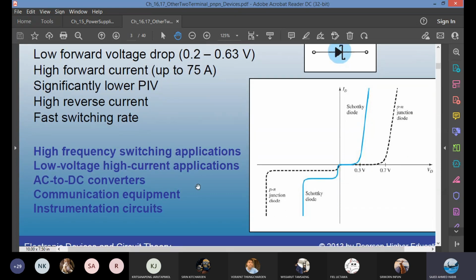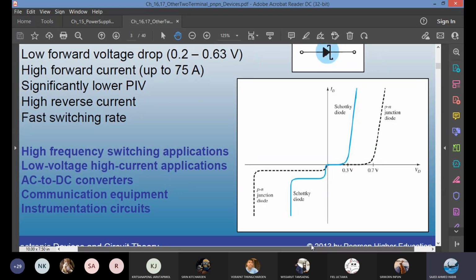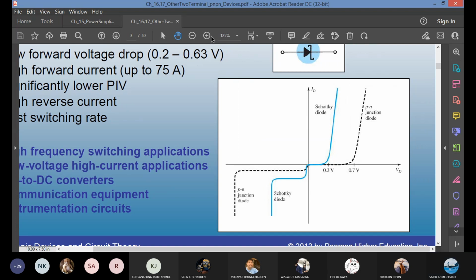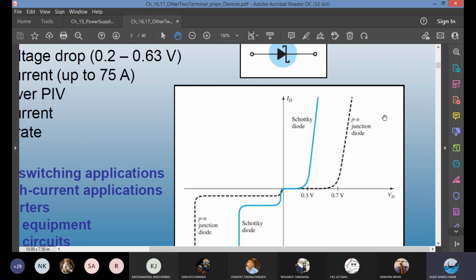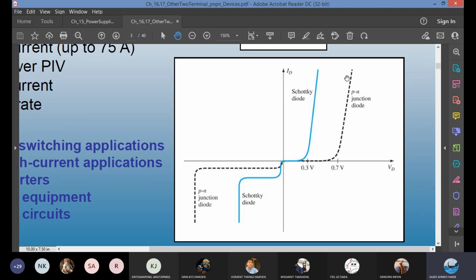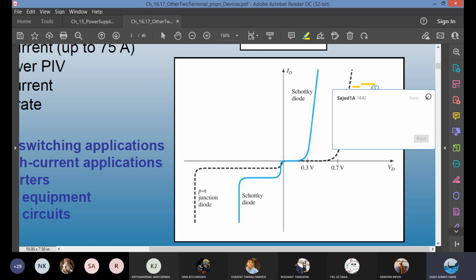I would like you to carefully look at this characteristic graph for the Schottky diode. The black dashed line, do you see it? Yes, we can see it. This is your regular PN junction diode we studied in chapter 1 and chapter 2, diodes and diode applications: silicon, germanium, gallium arsenide, etc. When does it start conducting?